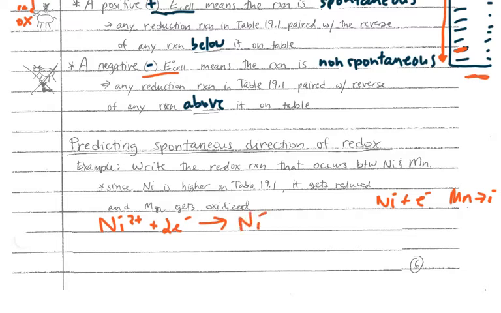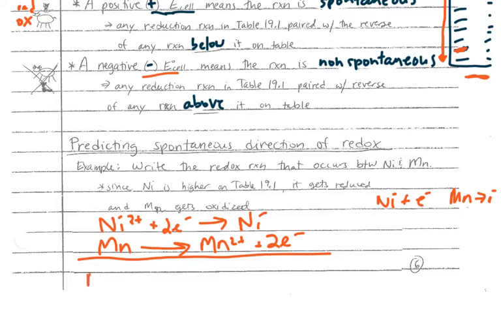And the manganese reaction, we're going to reverse it because it's going to be oxidized. So manganese solid is going to go to manganese ion plus 2 electrons. If those are the two half reactions, we can add these together, and the whole reaction is nickel 2+ plus manganese reacts to form nickel solid plus manganese ions.